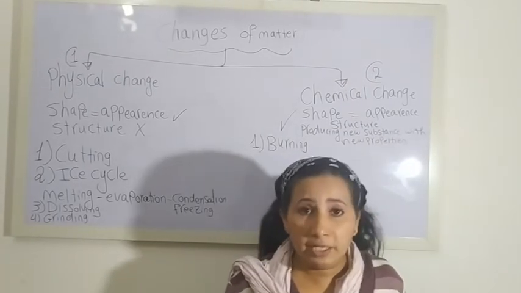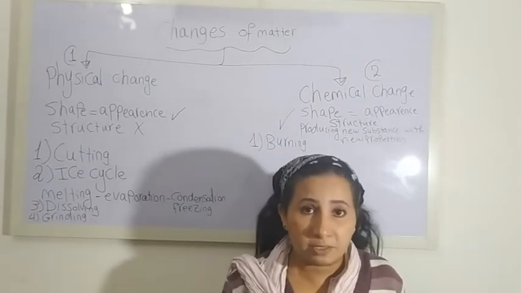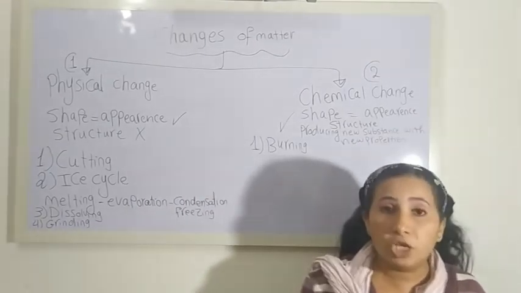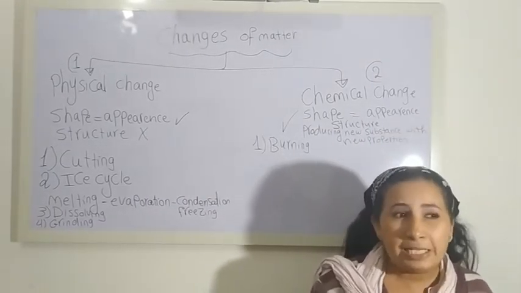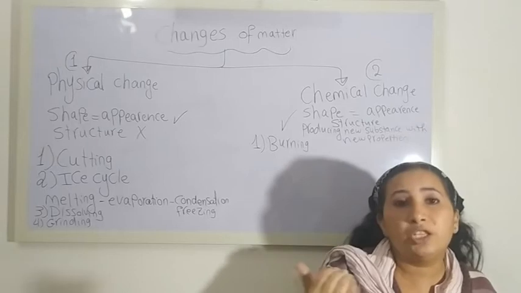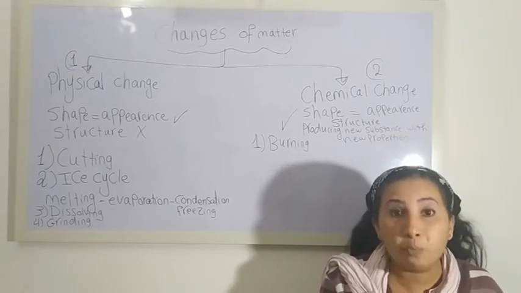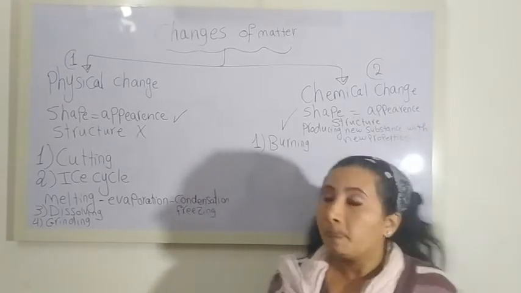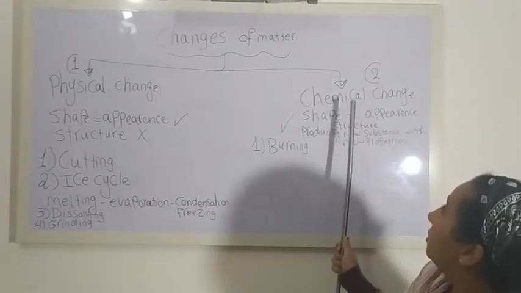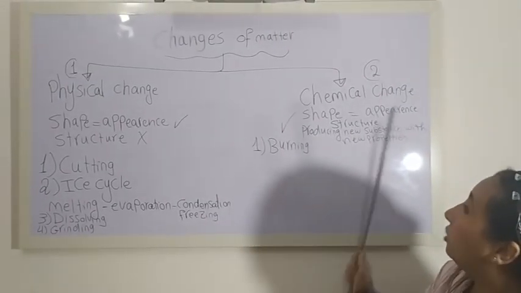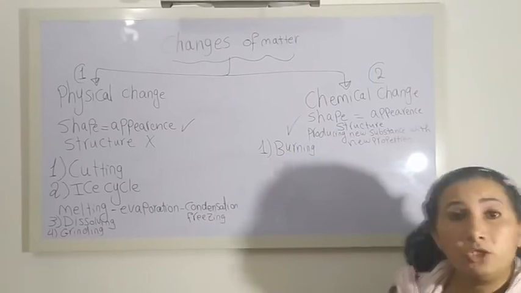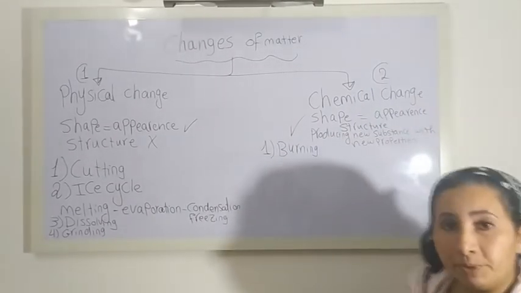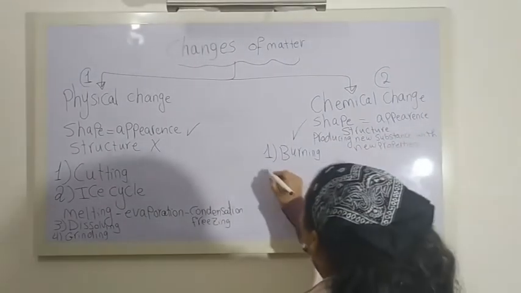It's not only a change in the shape or appearance, no, it also changes in the structure, and it's hard to return it back. So burning is an example of chemical change, just like burning of sugar, paper, wood, or fuel.